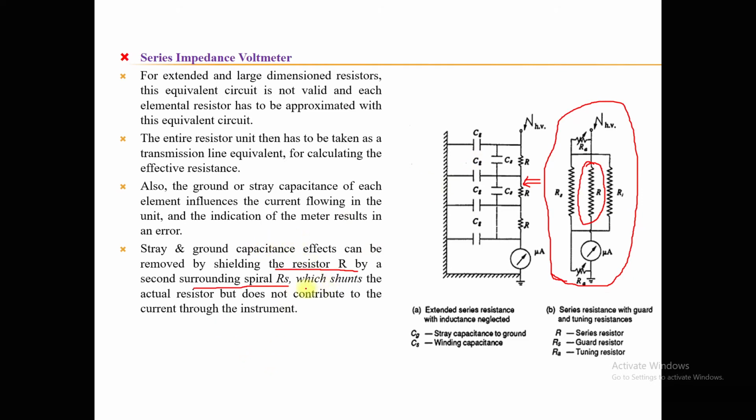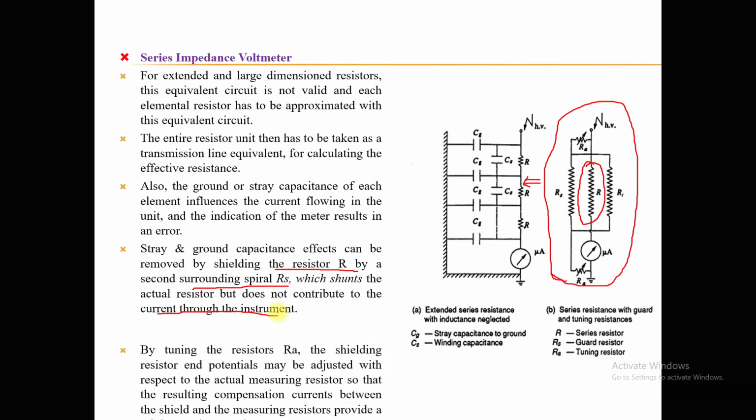What it actually does is shunt the actual resistor but does not contribute to the current through the instrument. So the errors associated with the ground and stray capacitance can be eliminated by shielding the high voltage resistor.